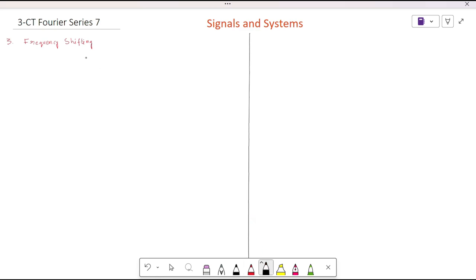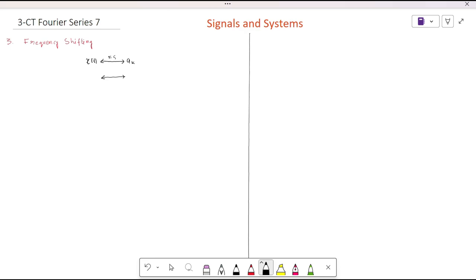In this frequency shifting, again I am taking a continuous time signal x of t, whose corresponding Fourier coefficient is ak.